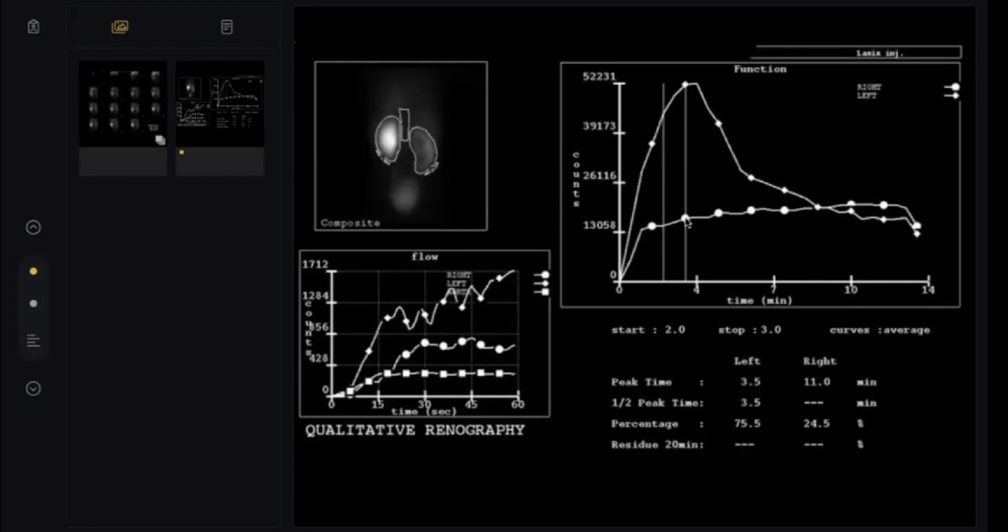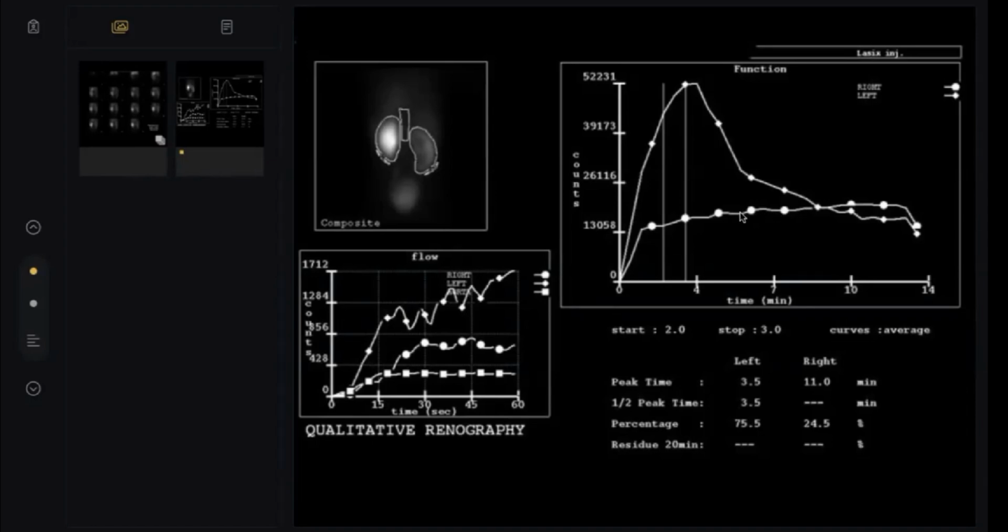Which one is the abnormal? The right one is abnormal because it shows less radio tracer uptake and there is no clearance of the radio tracer. Rather, it shows a gradual plateau, as compared to the normal left side, which shows a peak at higher uptake activity and also rapid washout.